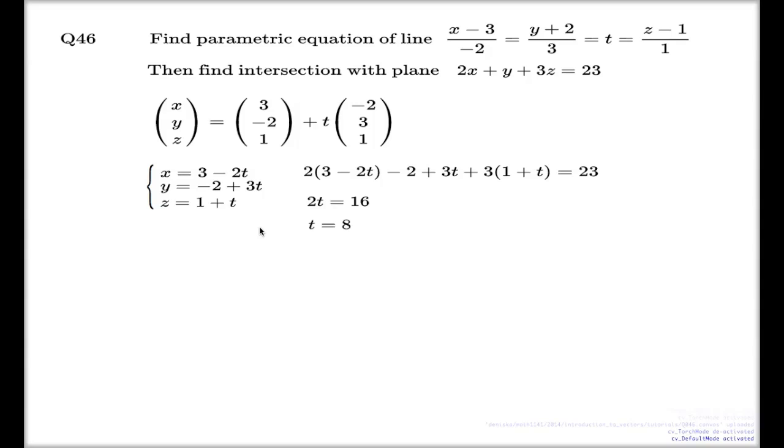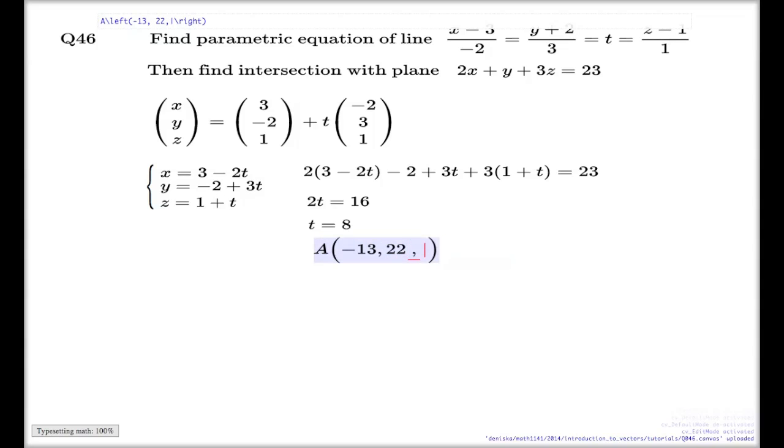So in my case, it's the point A with components: if t is 8, so 3 take 16, it's -13; 24 take 2, it's 22; and 9. That is the point of intersection.